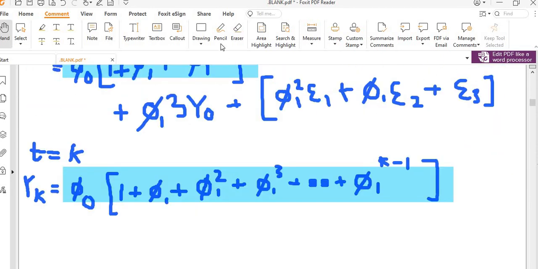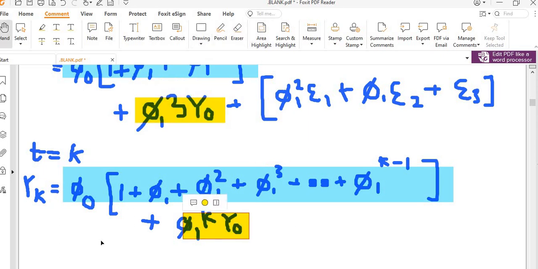So that means for t equal to k, you have plus phi 1 to the power k, y naught. This term corresponds to the expression that we had found earlier, so this term boils down to this term when we generalize to t equal to k.